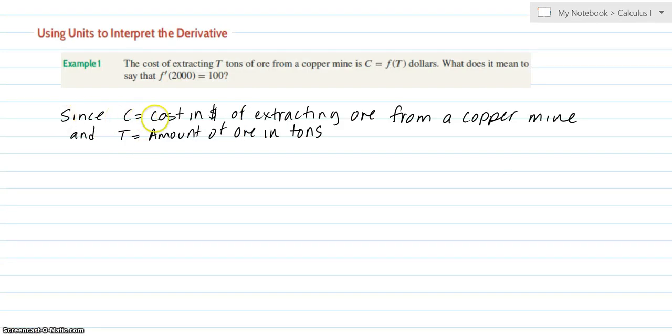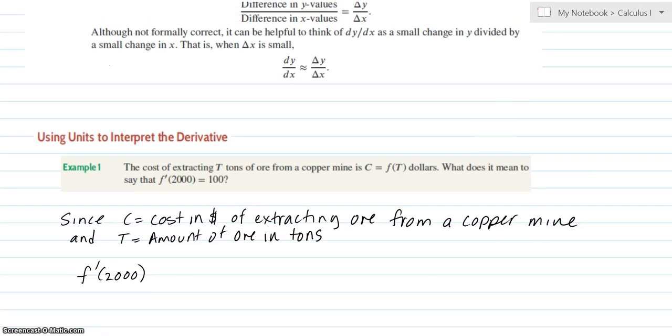So since C is the cost in dollars of extracting ore from a copper mine, and T is the amount of ore in tons, we can now look at f prime of 2000 using this new notation.